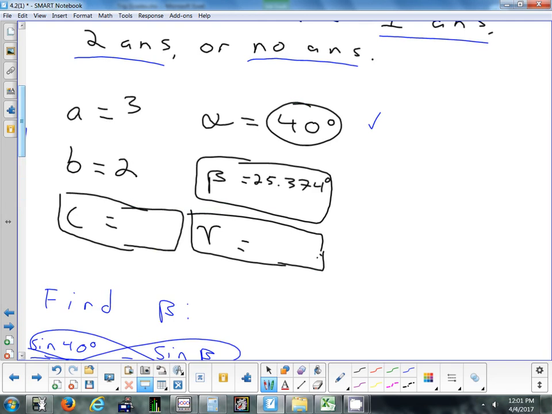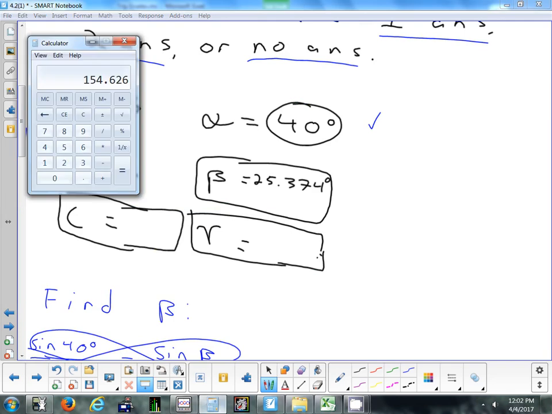There's only going to be one answer for gamma and one answer for C. Now that I know beta and I know alpha, how can I get gamma? Yeah, add them together, I get 65.374, and then subtract from 180. So 180 minus 65.374 is 114.626.